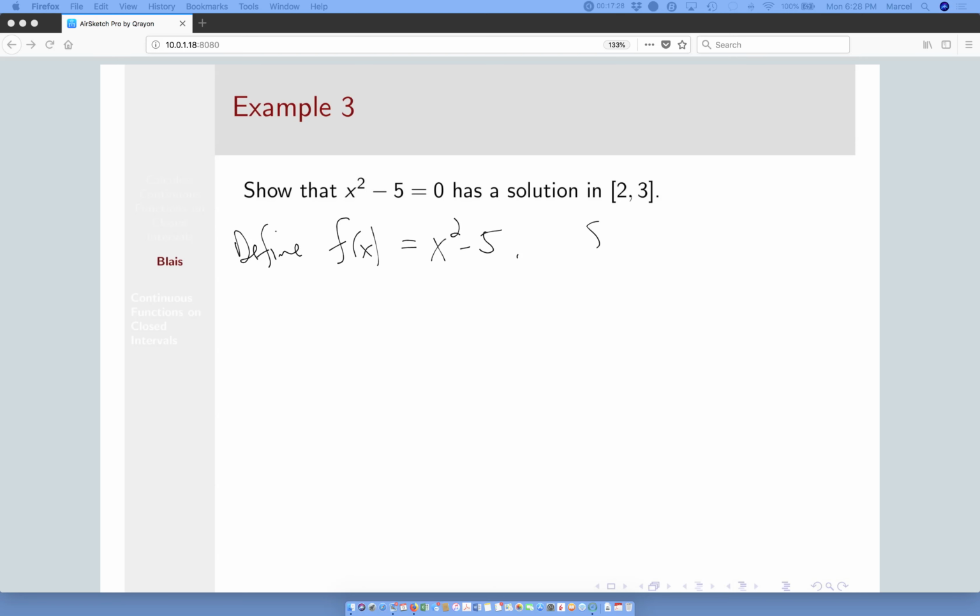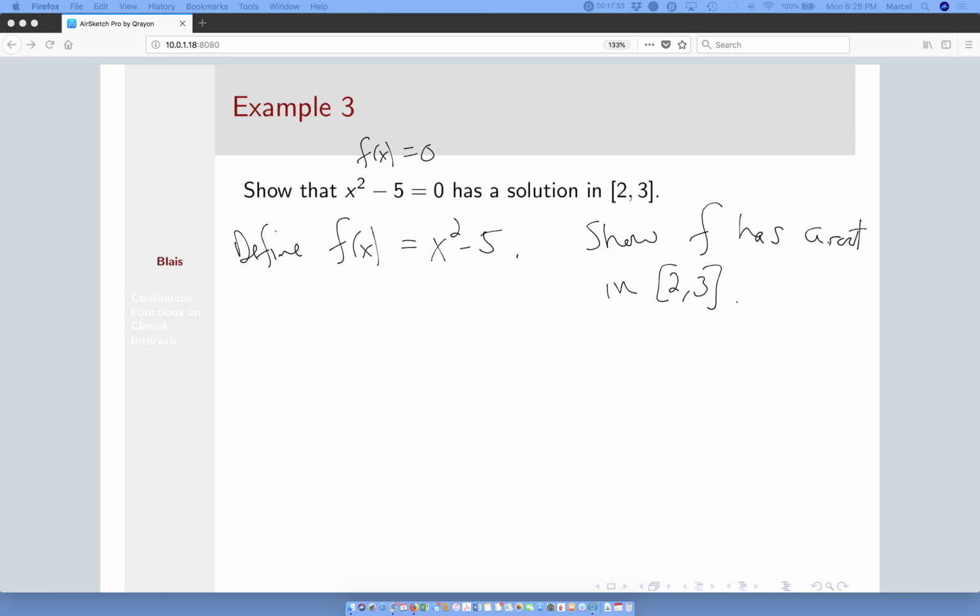And we want to show f has a root in the interval 2, 3. That's the same thing as showing that this has a solution, right? This is f of x equals 0, which by definition is finding a root of f.